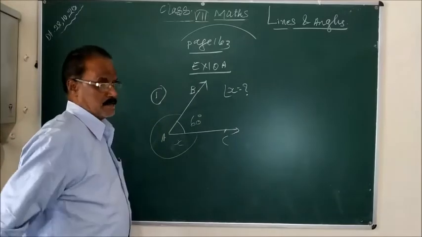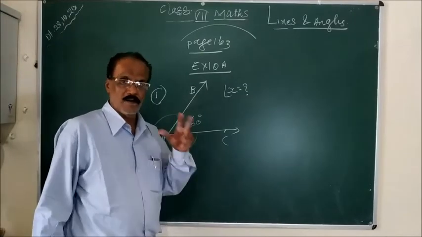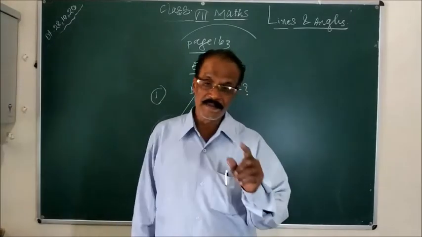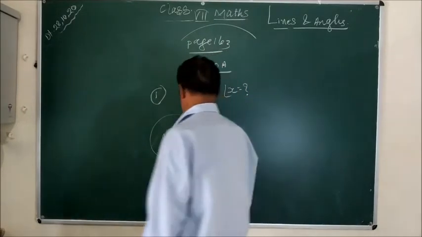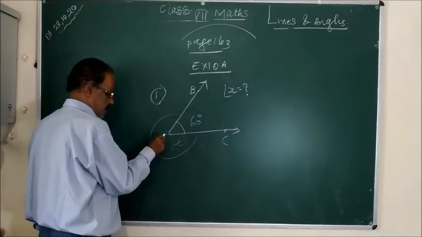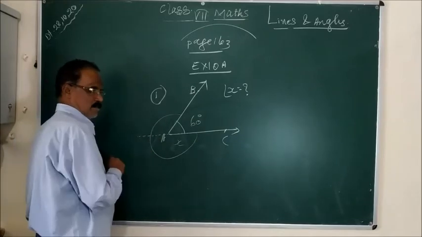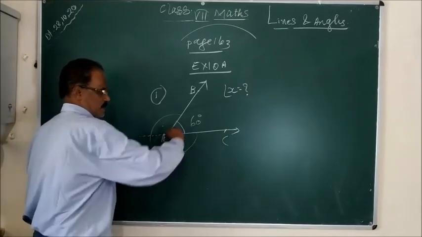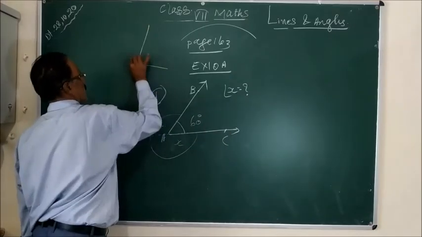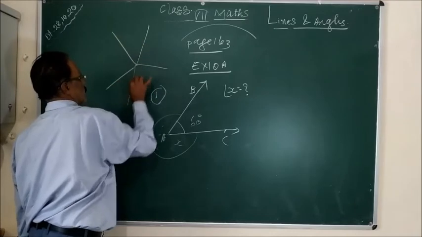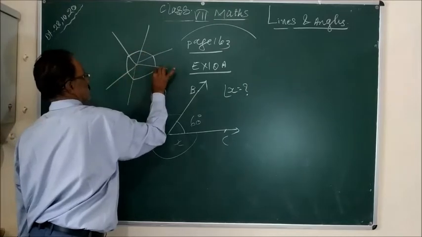I explained the definition of reflex angle: the angle whose measure is more than 180 but less than 360 is called a reflex angle. To understand this, let us extend this here, so this becomes 180, a straight angle, and this will be extra, more than 180 but less than 360. All the angles formed at a point, the sum of all angles will be 360 degrees.